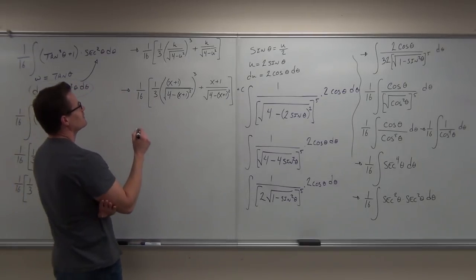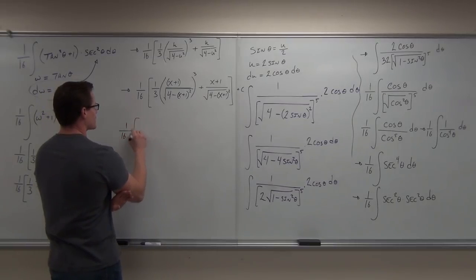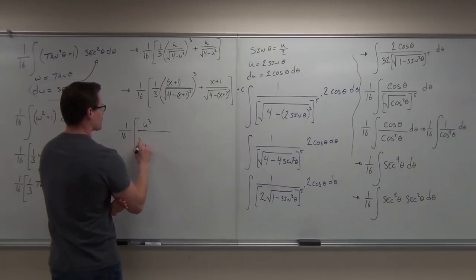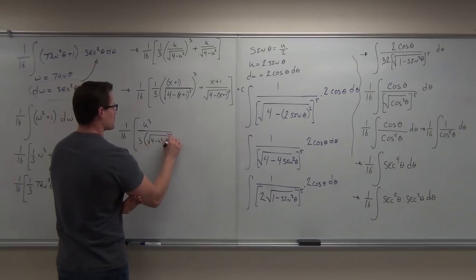Let's see. If I were to do this, here's how I would do it. I would think of this as u cubed over 3 square root of 4 minus u squared to the third.